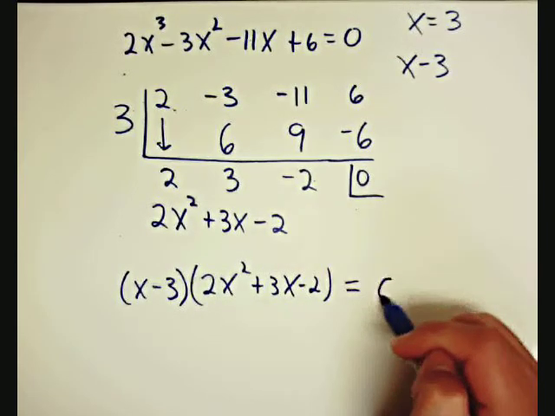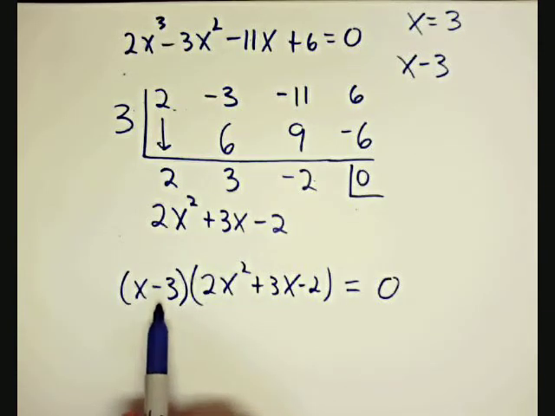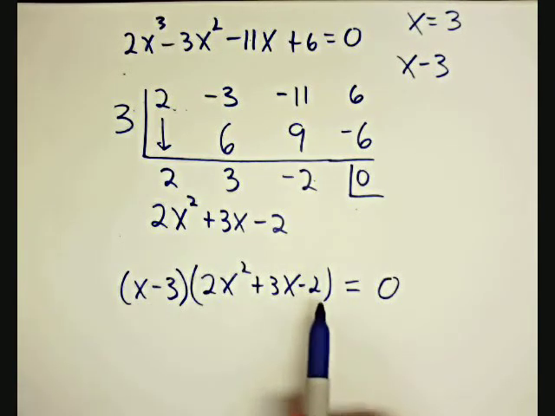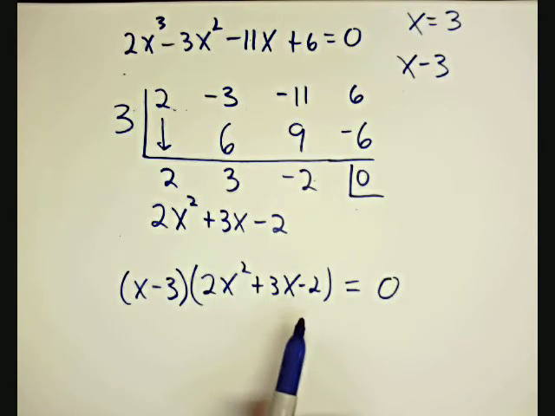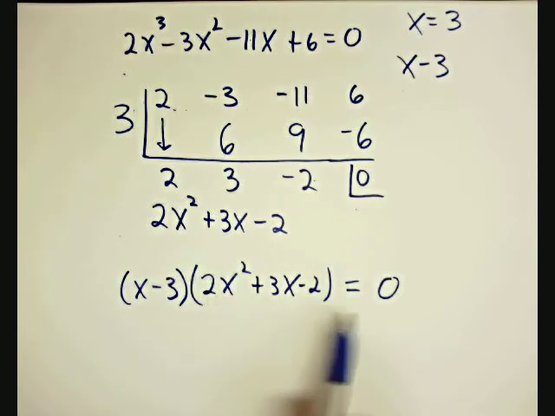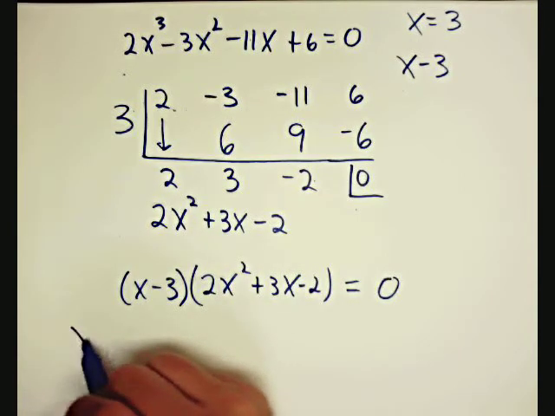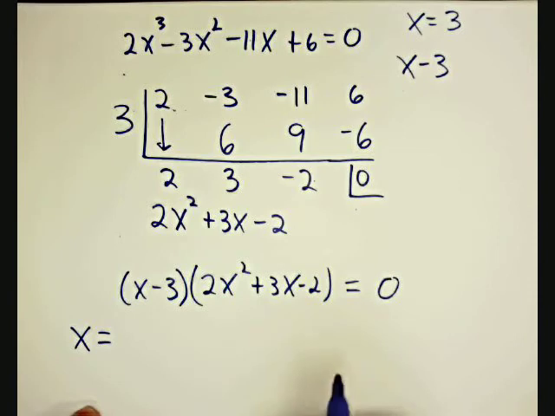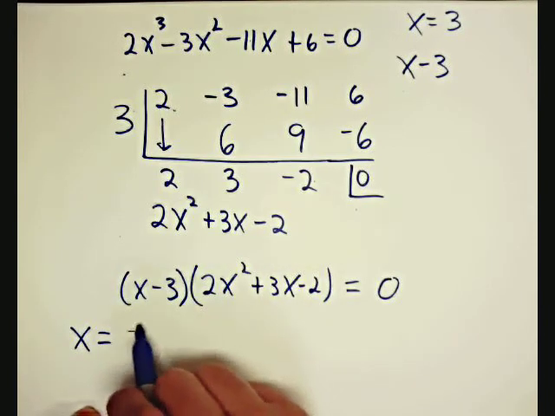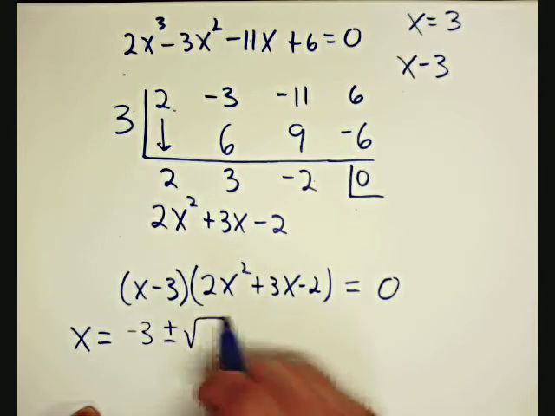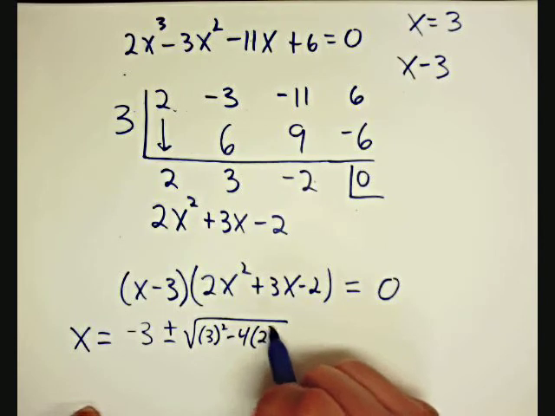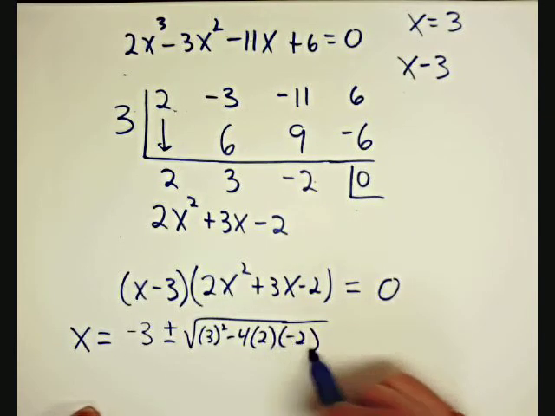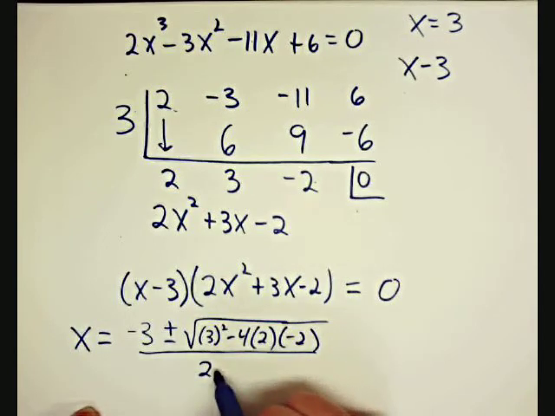And we're figuring out, when does this equal 0? Well, we know this gives us 3, and this polynomial, we can either try to factor it or use the quadratic formula. Now, oftentimes, this will not factor, so I'd recommend using the quadratic formula for these problems. So we'll say our other solutions, x equals, from the quadratic formula, opposite of b, plus and minus the square root of b squared minus 4 times a times c, all over 2a.